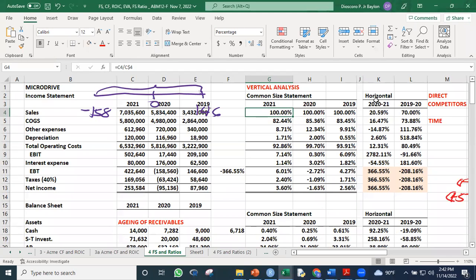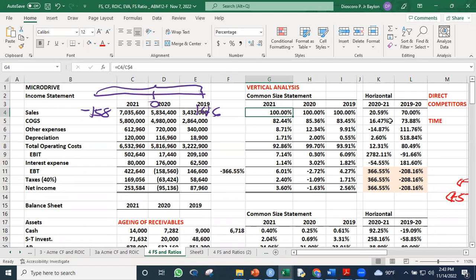We also learned to do horizontal analysis. This gives us the growth rate, the year on year, because we're dealing with a yearly income statement. So we're comparing the growth rate from 2019 to 2020.